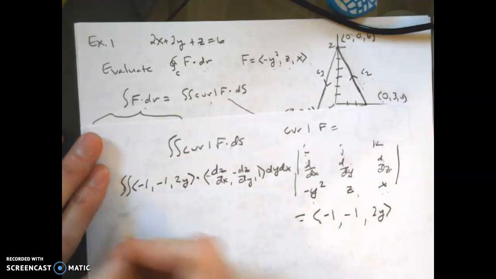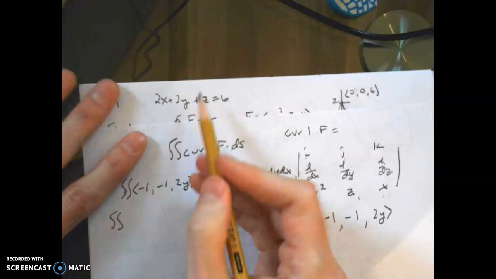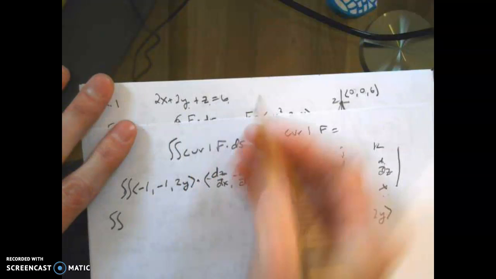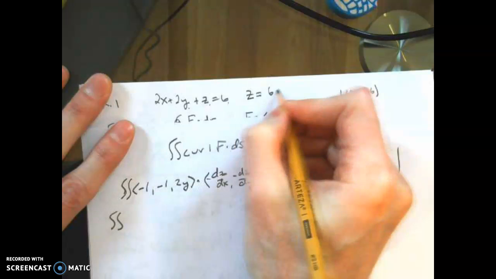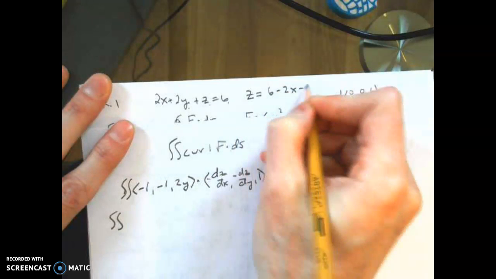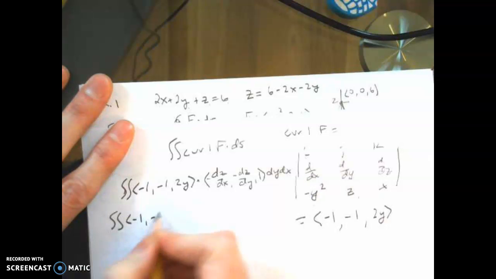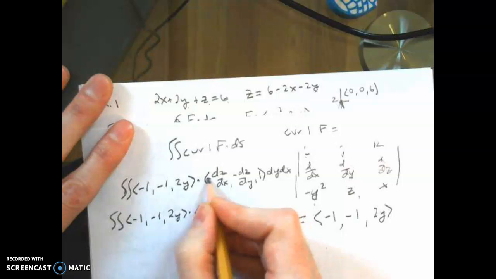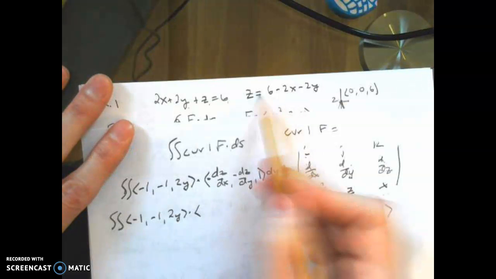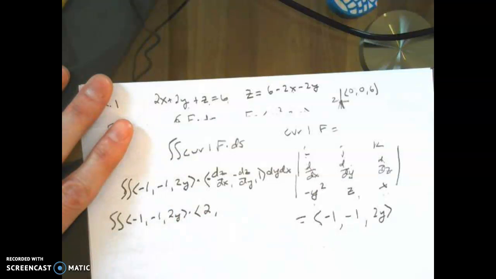Okay, so I look at my function up here. 2x plus 2y plus z equals 6. My surface is actually z equals 6 minus 2x minus 2y. Right? So I've got negative 1, negative 1, 2y, dotted with negative dz dx. Well, dz dx is negative 2. The opposite of that is positive 2.